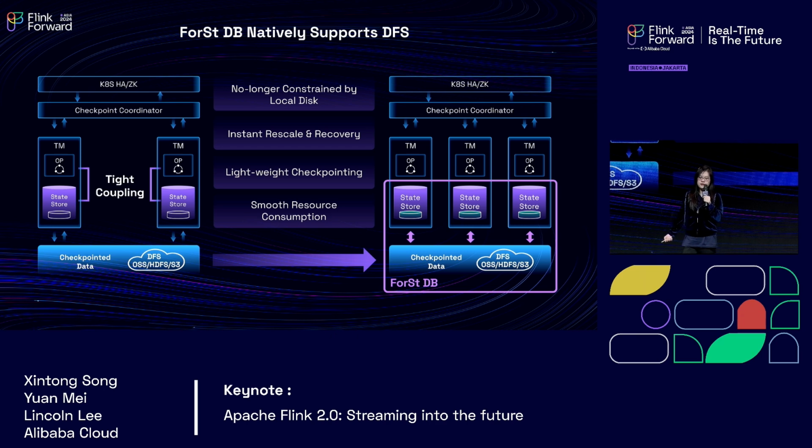So if we can make a lightweight checkpointing procedure, then it could smooth the resource consumption in a large way. Architecturally, you can see it's from the left-hand side of the graph to the right-hand side of the graph. Seems like it's just a very simple change, right?